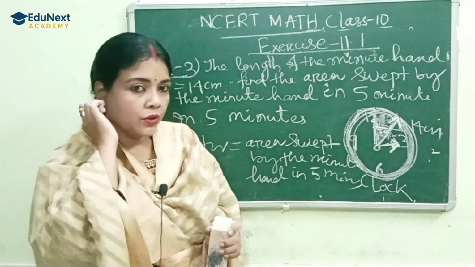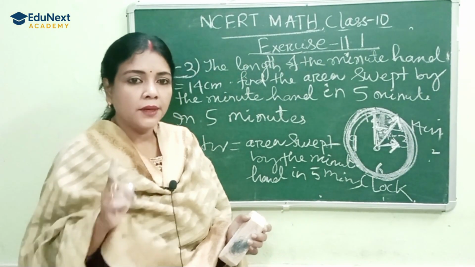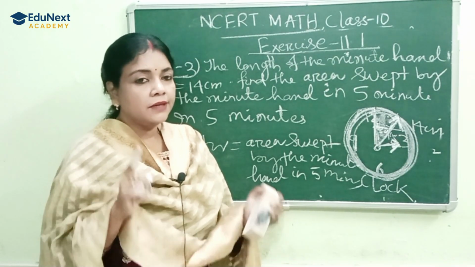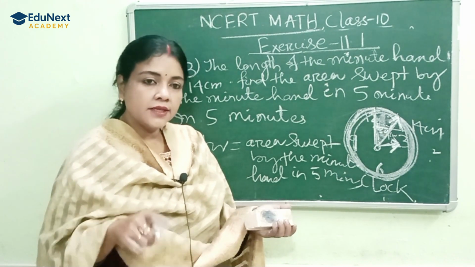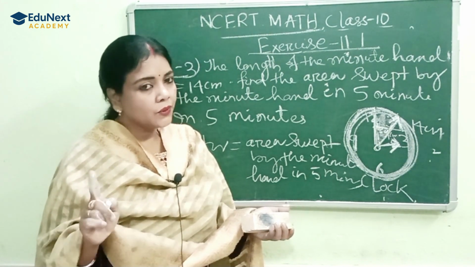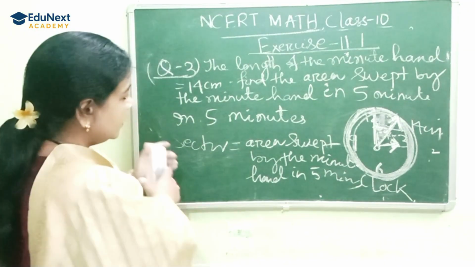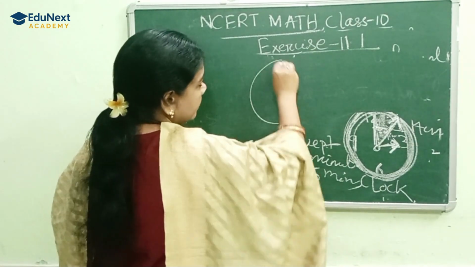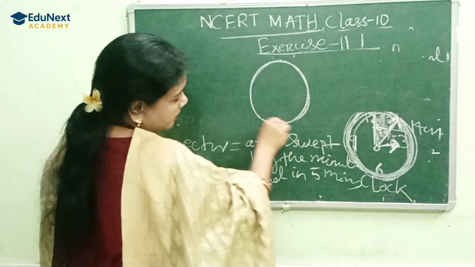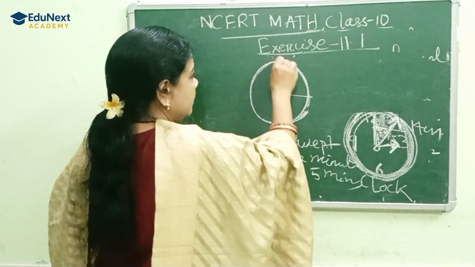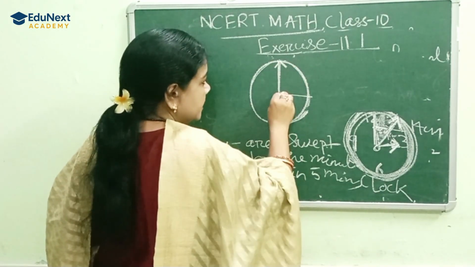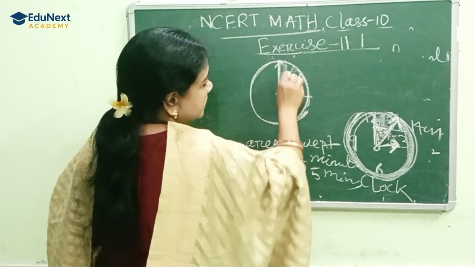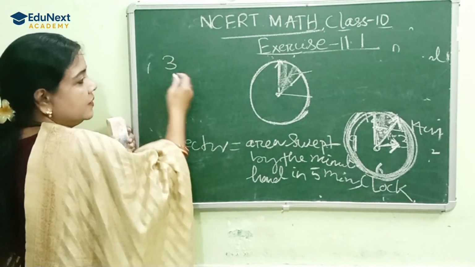A clock completes 360 degrees in 60 minutes, so in 5 minutes you get 360 degrees by 60 into 5, that is 30 degrees. If it is a circle and the minute hand moves 30 degrees in 5 minutes, you have to find this area, that is the area of the sector.